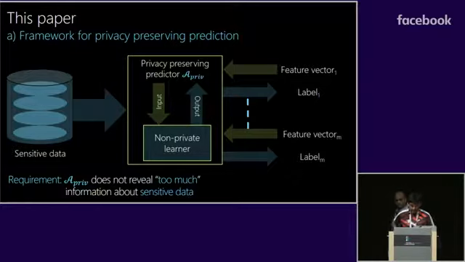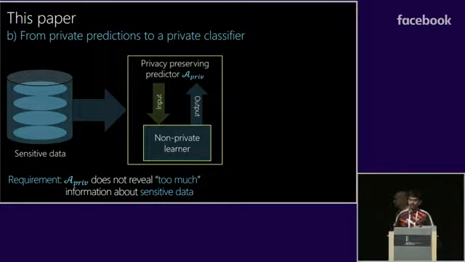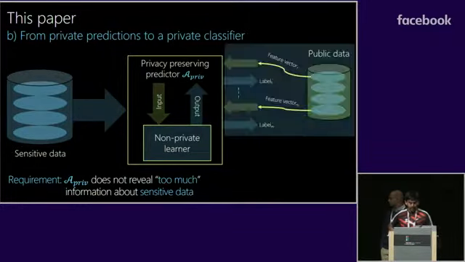Okay. The second main contribution of the paper is to extend this idea to actually train or release a classifier which can later predict on any number of examples or feature vectors. So the idea is to use the same framework, but now think that these feature vectors on which you are predicting come from some public data set. You can think of this in the language of mobile companies, opt-in users, where you have the feature vectors, but not necessarily the label, meaning the bit for Parkinson's disease.